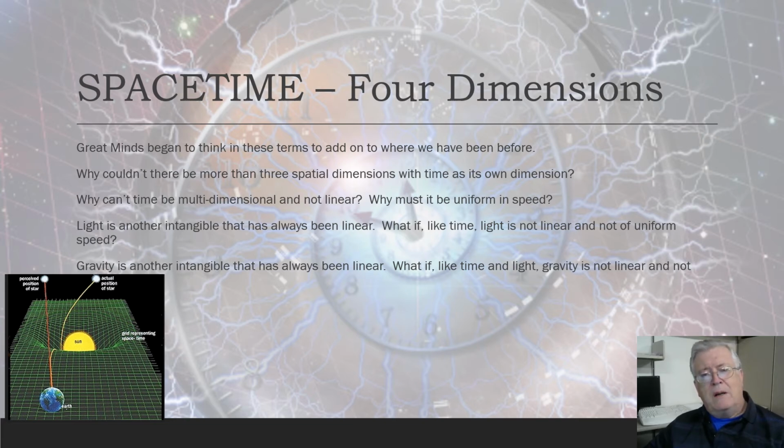So great minds started with these 3-dimensional space plus time and began to add to that and say, you know, where can we go from there? What if there were more than 3 dimensions and we just can't observe those dimensions in our day-to-day lives?